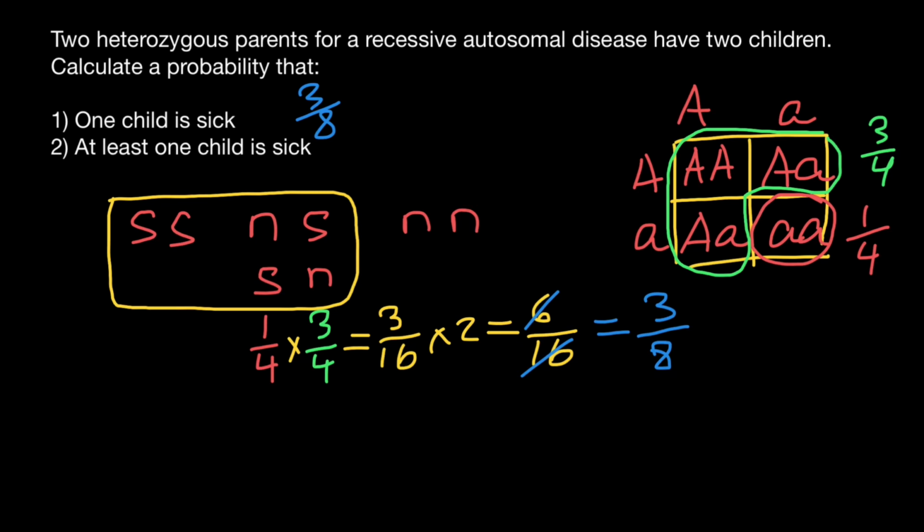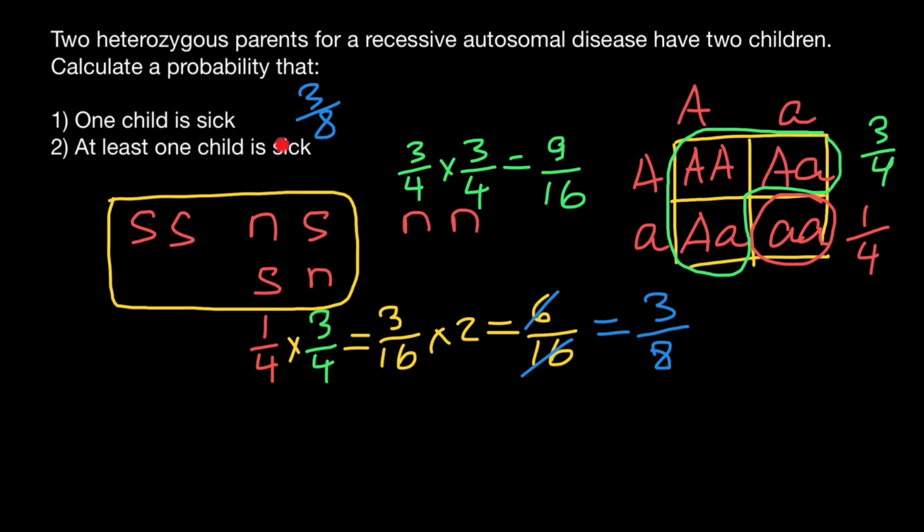So let's find the probability for the first and second child to be normal. This is going to be 3/4 for the first child and 3/4 for the second child. Again, we are using the product rule, and the answer is going to be 9/16. What we have found is the probability that this couple would have two phenotypically normal children.